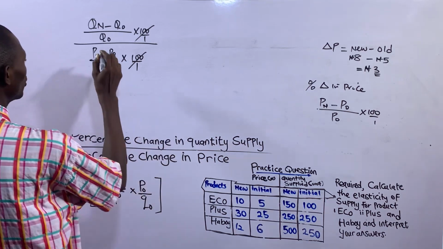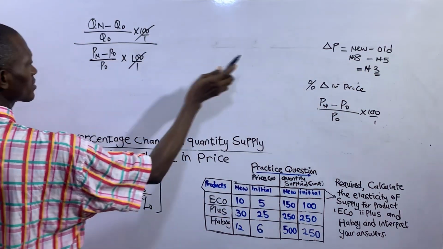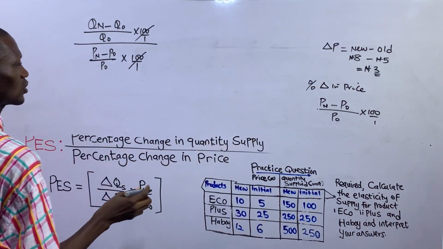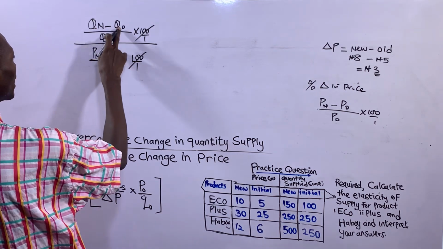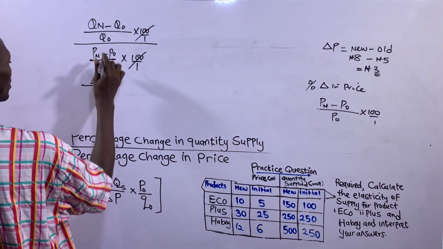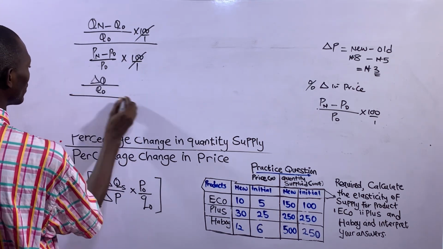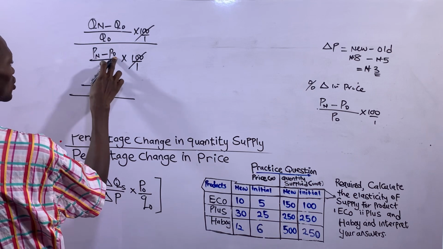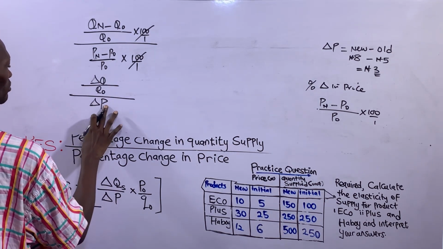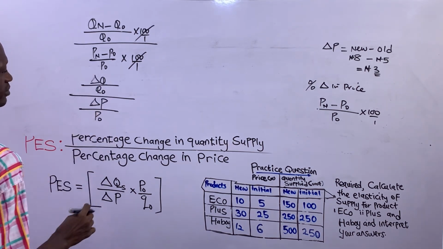Then don't forget, I did say that new minus old is the same thing as change. So new quantity minus old quantity will give us change in quantity divided by old quantity. Then this division sign. New price minus old price is the same thing as change in price, divided by old price.